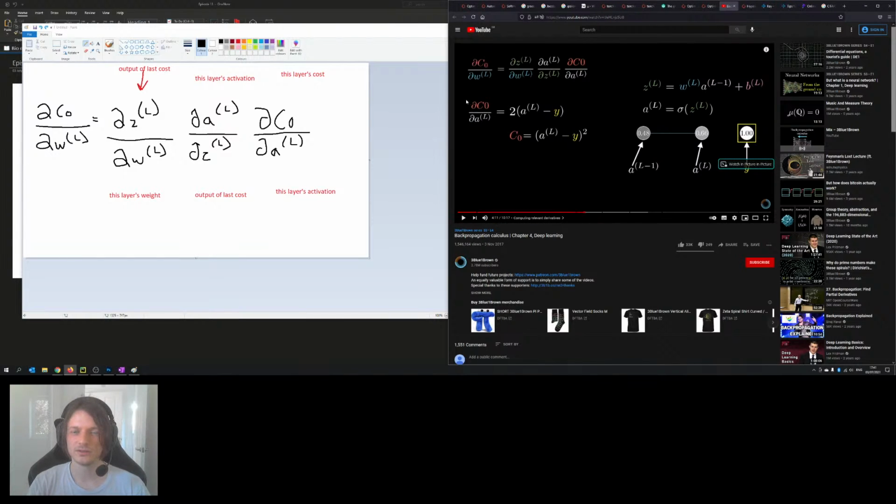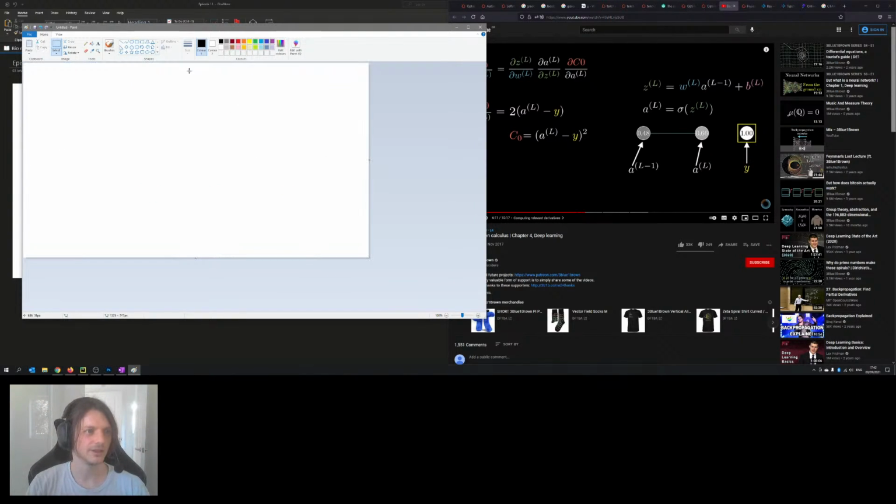Now he's saying that the change in the last cost divided by the activation of that current layer is equal to 2 times the activation layer minus y.